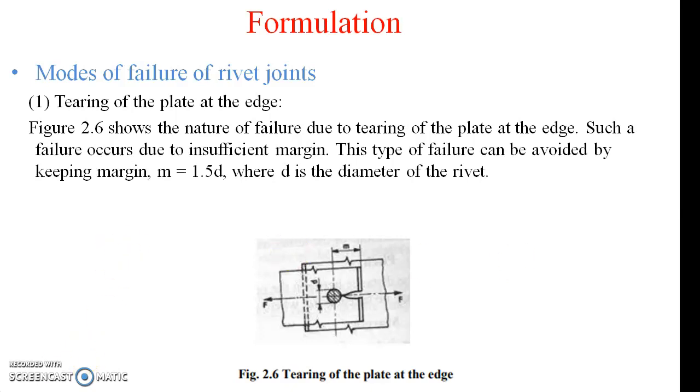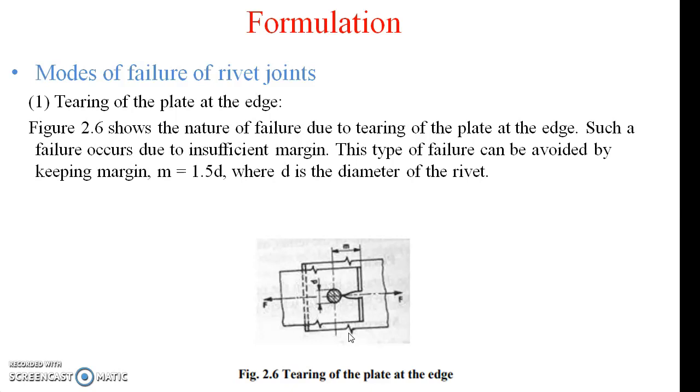In the modes of failure of the joint, the first is tearing of the plate at an edge. Tearing means any kind of cutting. When we cut some rivet or when we cut two materials which are joined through a rivet, this is a failure we can face. So the first one is tearing of the plate at the edge. The figure shows the nature of failure due to tearing of the plate at the edge. Such a failure occurs due to insufficient margin.